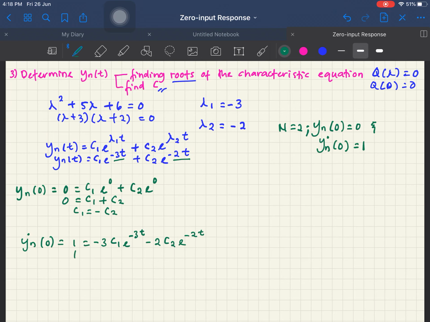Substituting t equals 0, 1 equals minus 3 c1 minus 2 c2.